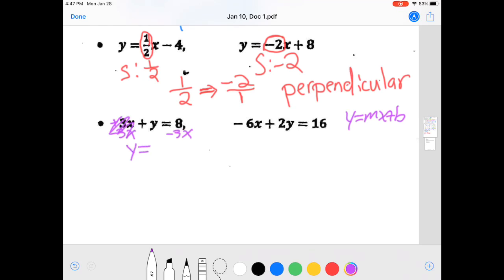So you end up with y equals -3x plus 8. Is y by itself like our slope-intercept form? Yes. So now we can identify that our slope is -3.